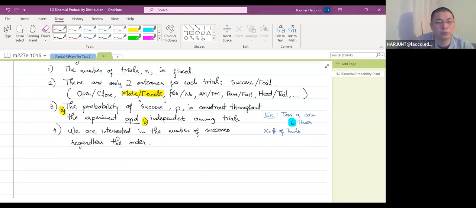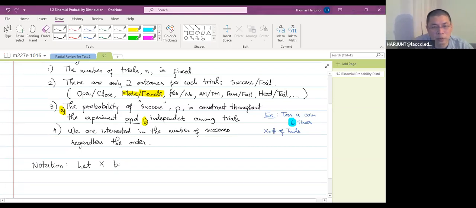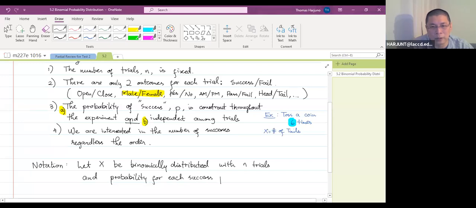Notation. Let X be binomially distributed with parameters n trials and probability of each success p.